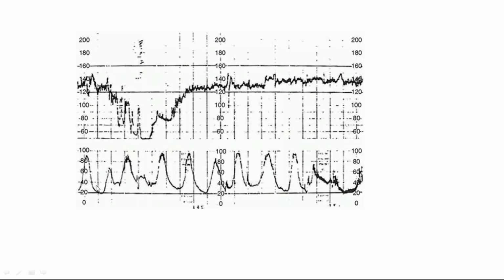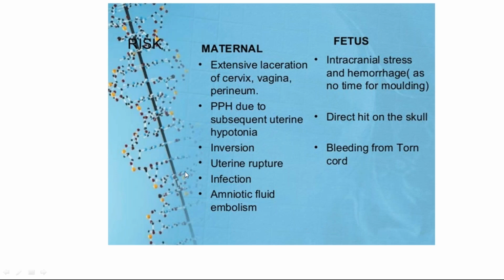So this is the same figure which we have seen. When the uterus is contracting so fast, the baby comes down very fast, and then it is expelled very fast because the maternal soft tissues are not offering any resistance.